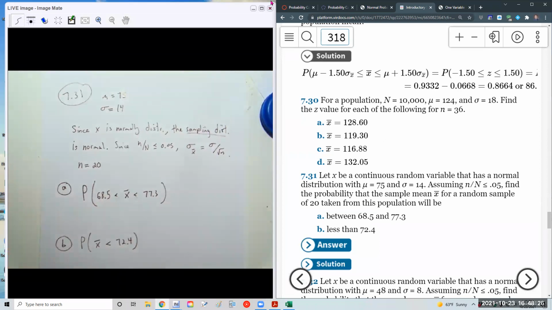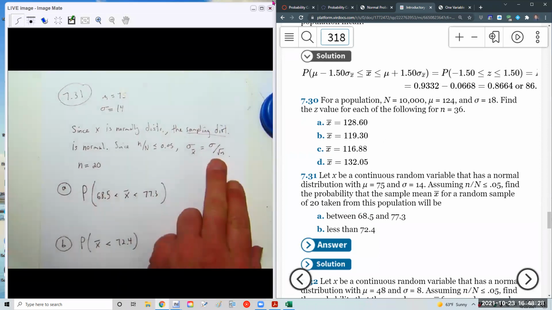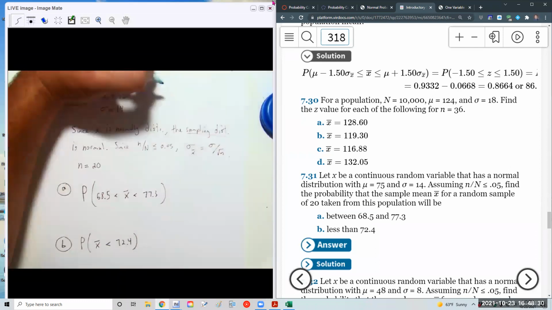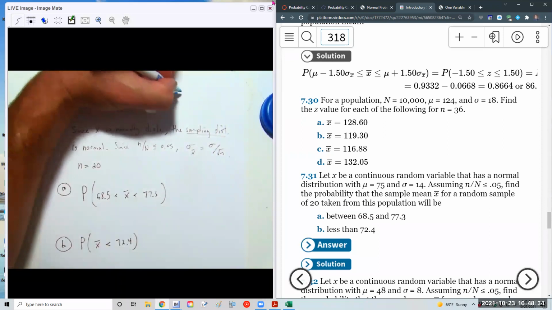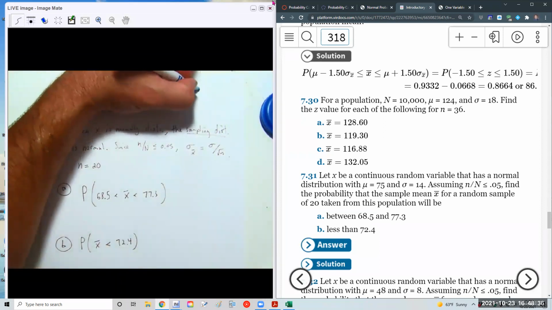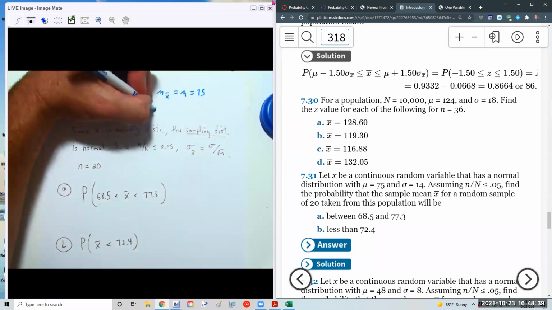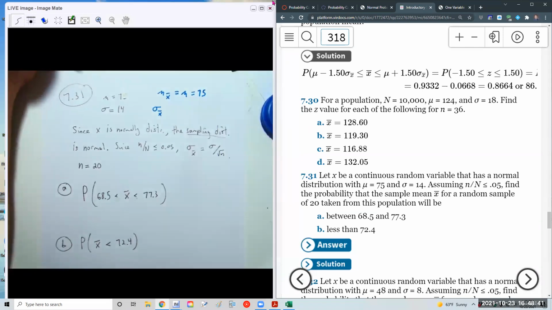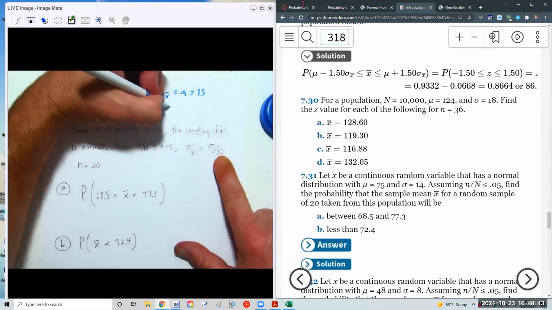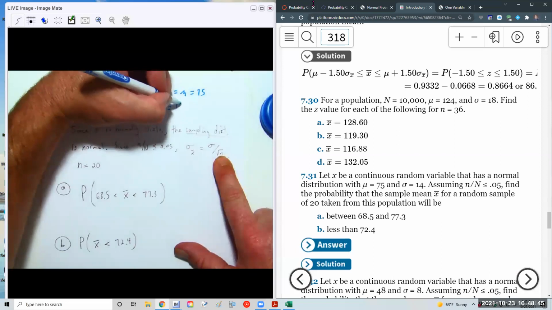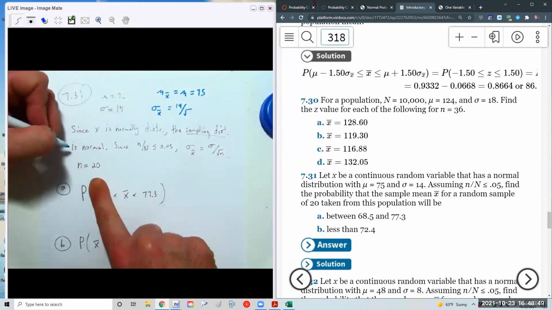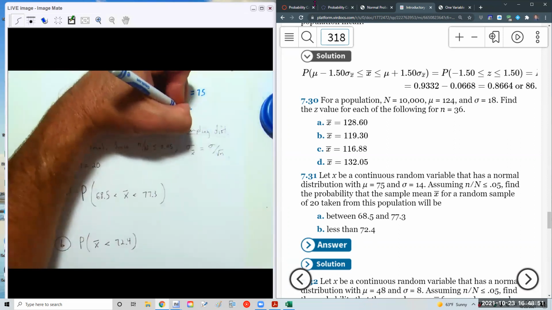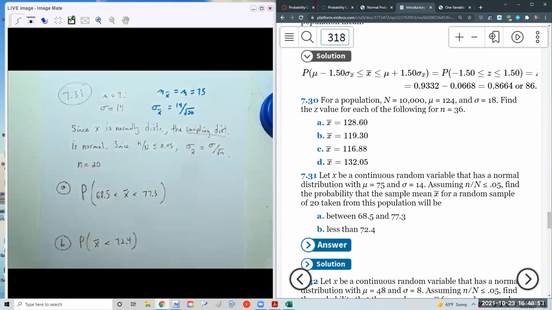Alrighty, so what I'm going to do is calculate a value for sigma sub x bar, and I'm also going to write down the value for mu sub x bar. So mu sub x bar is equal to mu, which is 75. And sigma sub x bar is sigma over square root n, so that's 14 divided by the square root of 20. Let's get an approximation for that.